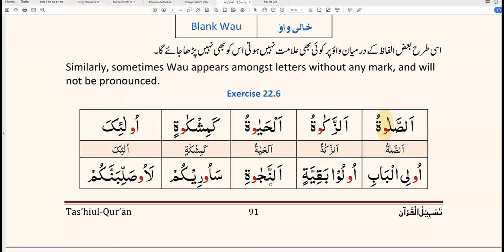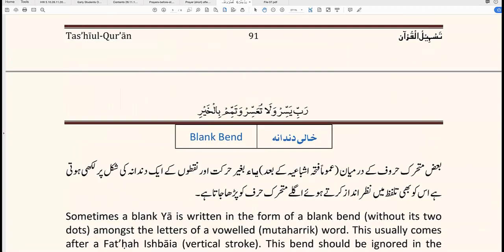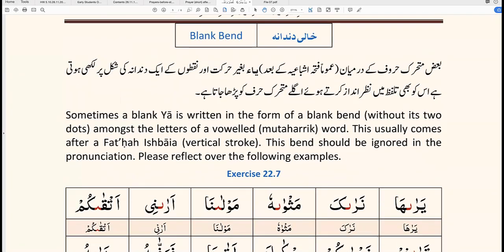Jazakumullah. Allah Hafiz. Okay, so that essentially is the blank waw, okay? When you come across a waw which carries nothing on top, it's known as a blank waw, and you essentially ignore it, and you don't read it. Okay, so let's move on to a very similar thing known as a blank ya.